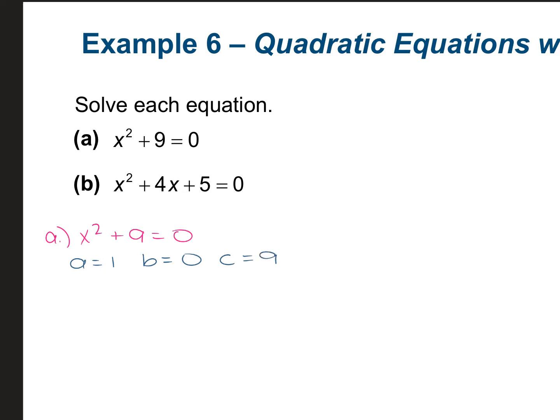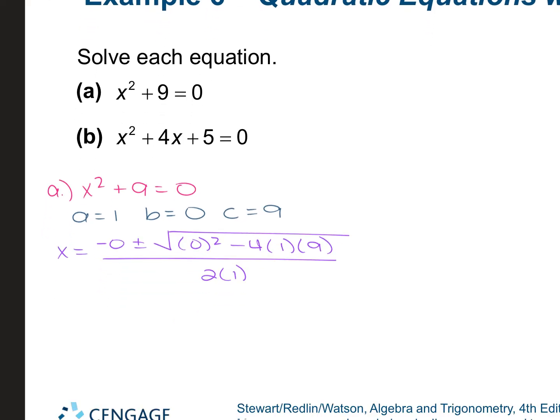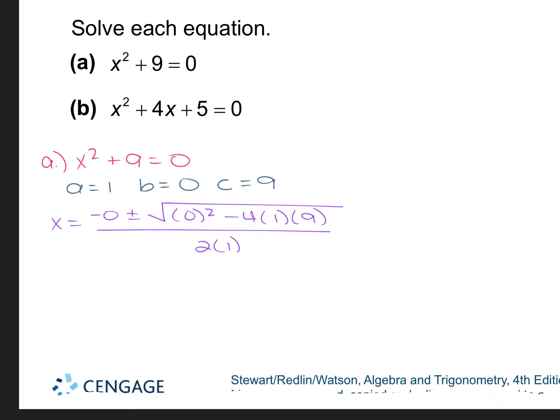So this is going to give you, if you use your quadratic formula, x is equal to the opposite of b plus or minus the square root of 0 squared minus 4 times 1 times 9 all over 2 times 1. So this just means that this is going to simplify to give you x is equal to plus or minus the square root of 0 minus 36 all over 2.